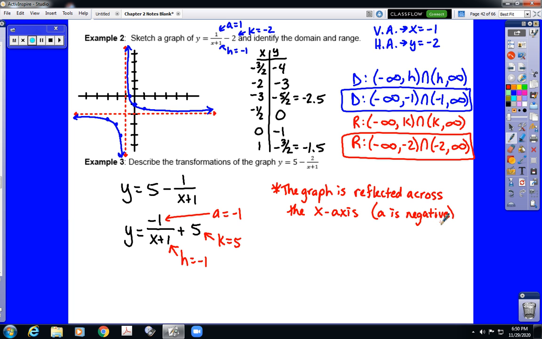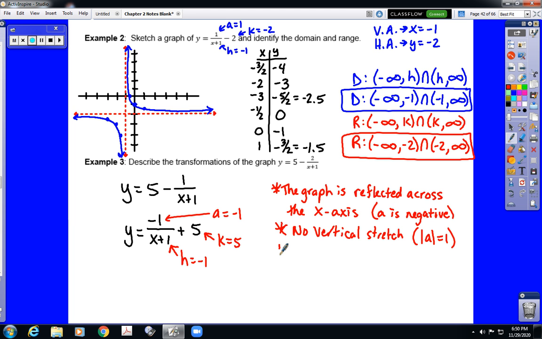There is no vertical stretch. That is because the absolute value of a is 1, so there's no stretch. If it were not 1, there would either be a stretch or a compression, depending on the value.